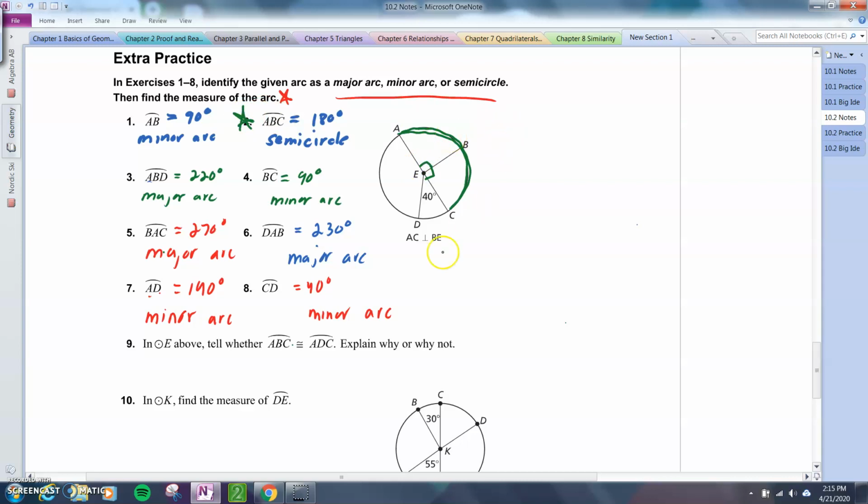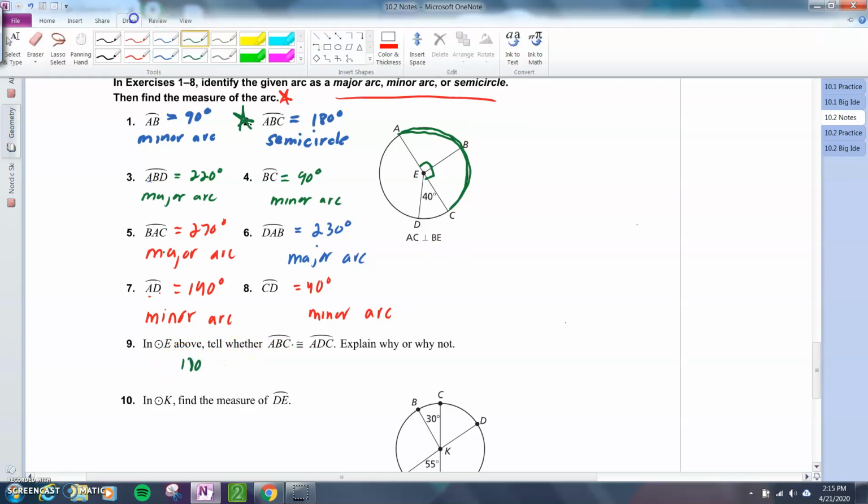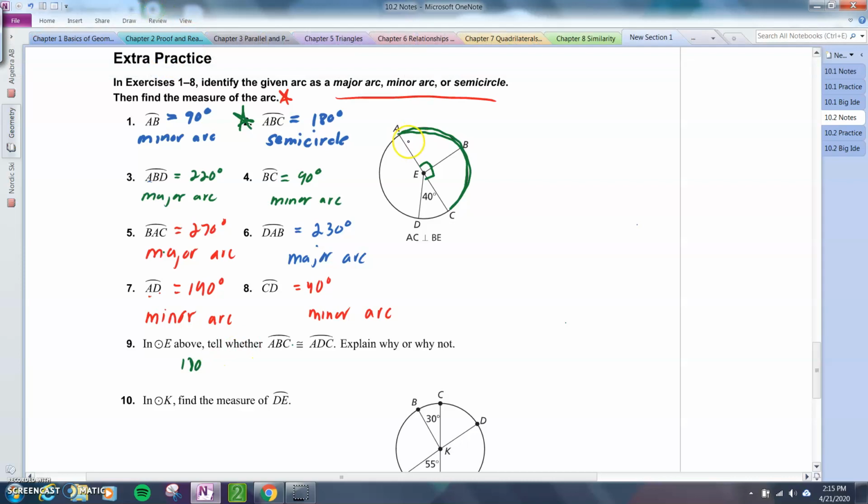So we know that ABC was 180 degrees. What is ADC? So ADC, well, that's the other half of the circle. So yeah, this one's also 180 degrees. And yes, they're congruent because they're the same measure. They're both semicircles.